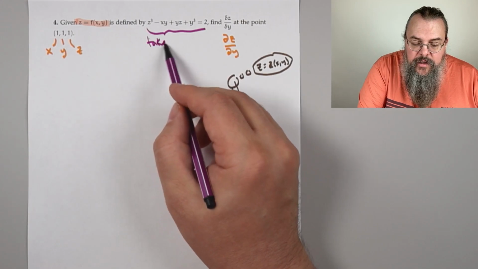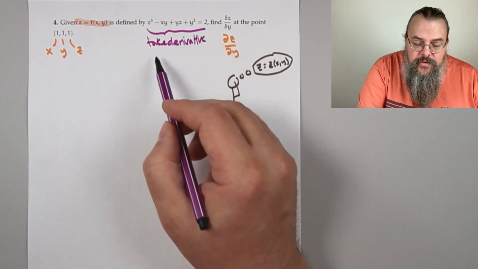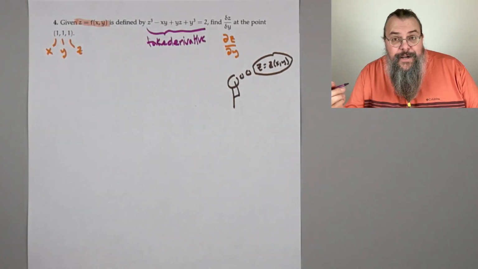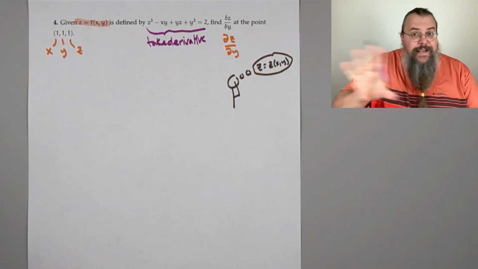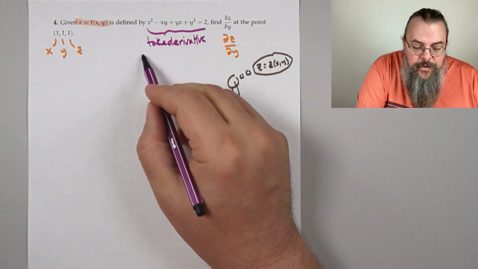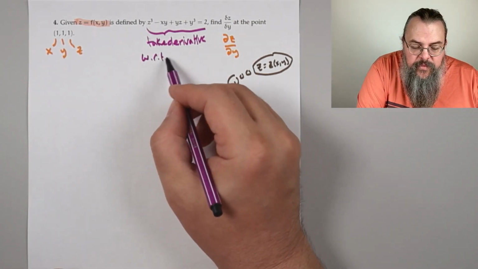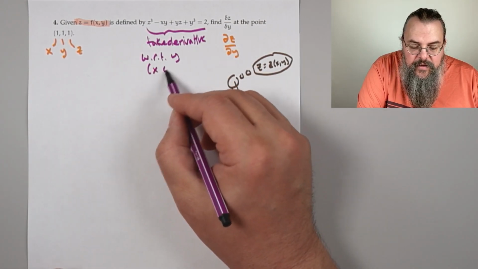So we're going to think here of x and y as our independent variables, which means they're free choices, but z depends on x and y. So x doesn't depend on y. So we're taking the derivative with respect to y, and just keep in mind x is a constant.